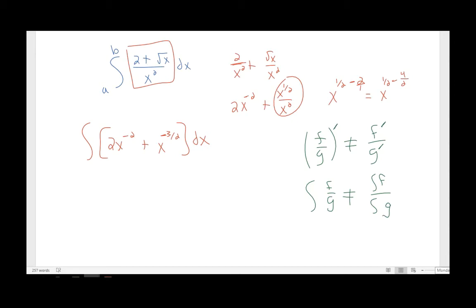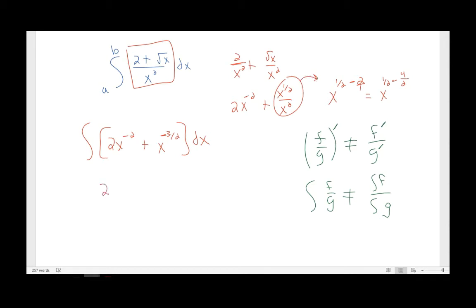So what we had to do in this example, what I boxed in red here, is split up. So I wrote 2 over x squared plus root x over x squared. For 2 over x squared, I have to bring the x into the numerator and change the sign of the exponent, because I can integrate x to a power. And for root x over x squared, what we did there was divide like bases and subtract exponents.